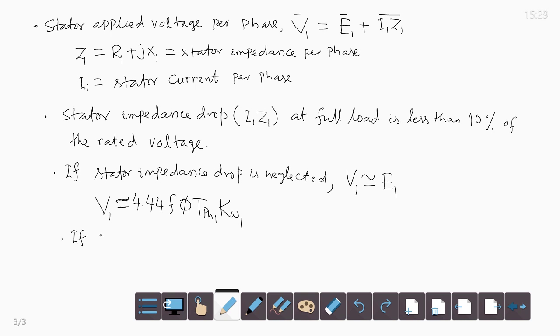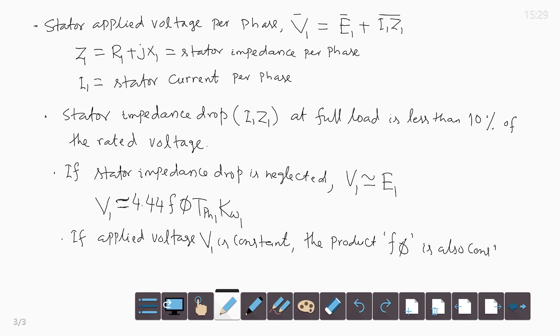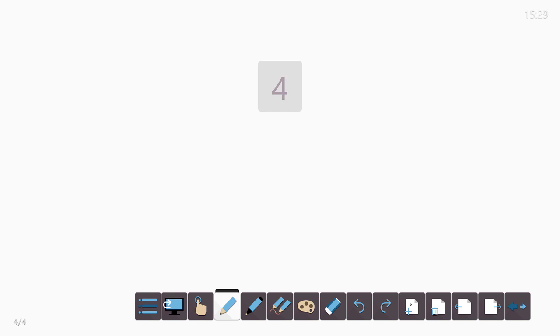So, if applied voltage V1 is constant, the product f into phi is also constant. So, for a constant V1, f phi product is constant.